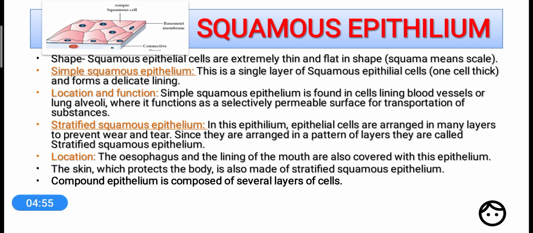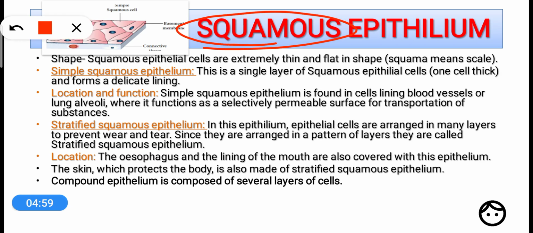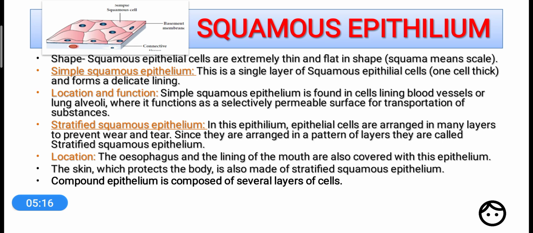Let's talk about the squamous epithelium. Squamous term indicates the shape of the cell. The shape of the squamous cells is extremely thin and flat. So in squamous epithelium, the cells are extremely thin and flat as shown in this figure. Here in this figure you can see that the cells are very thin and flat.